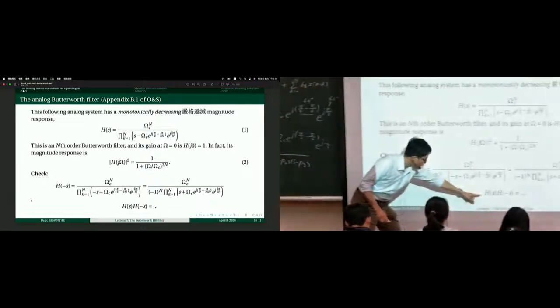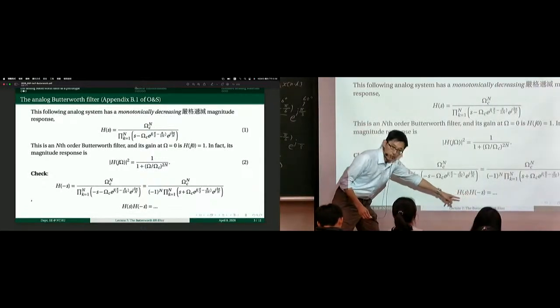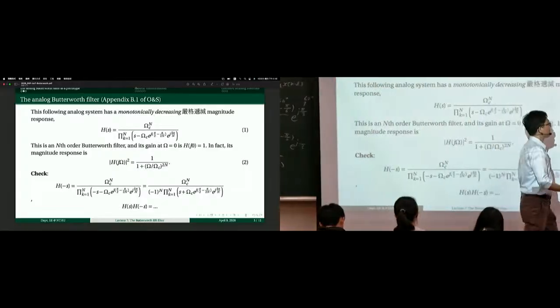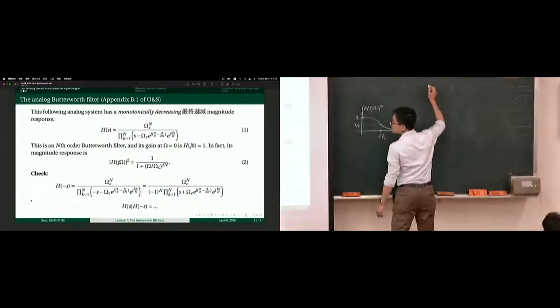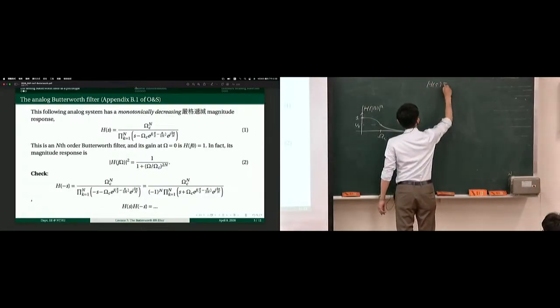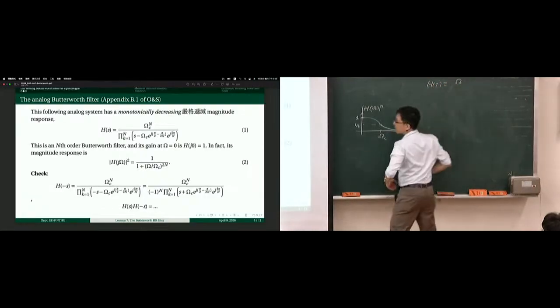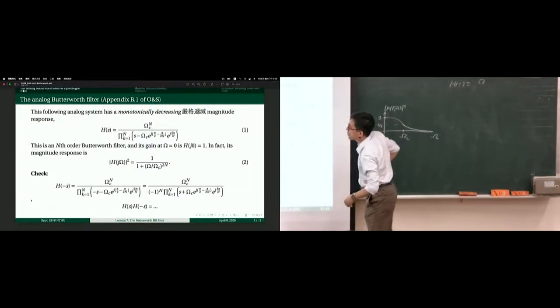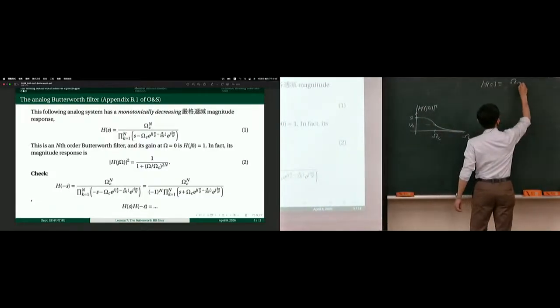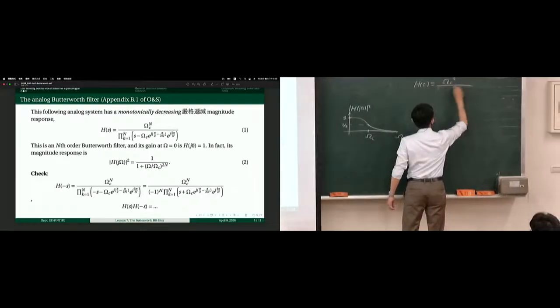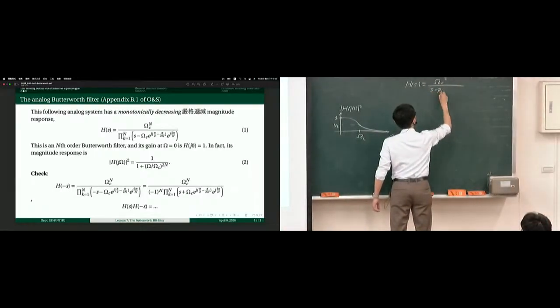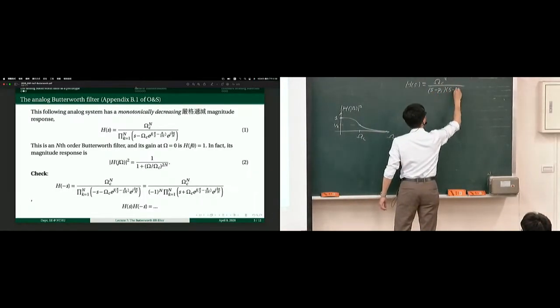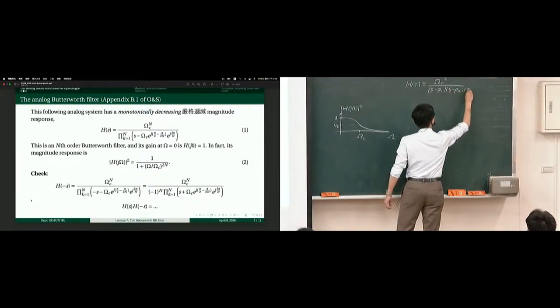Consider the product of H(s) multiplied by H(-s). So if H(s) is omega cutoff frequency cubed divided by (s - p1)(s - p2)(s - p3), right?